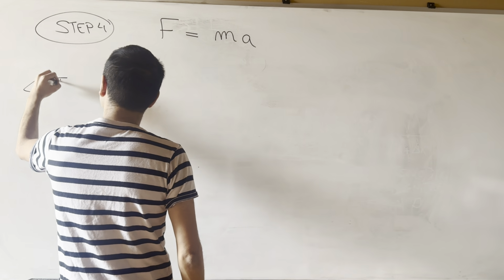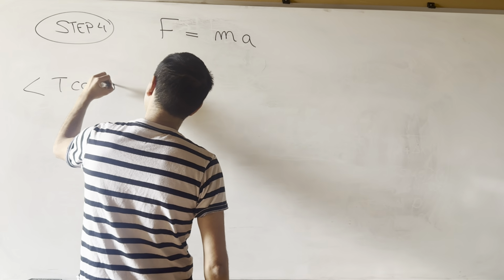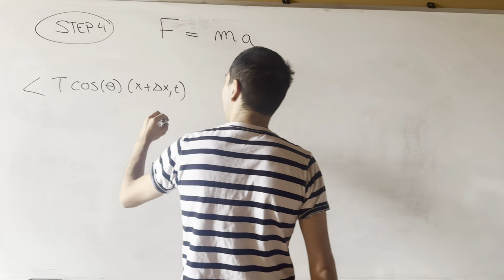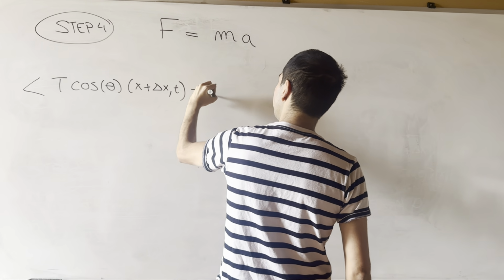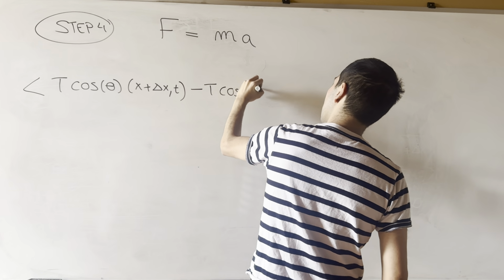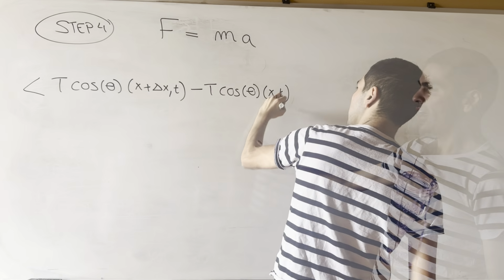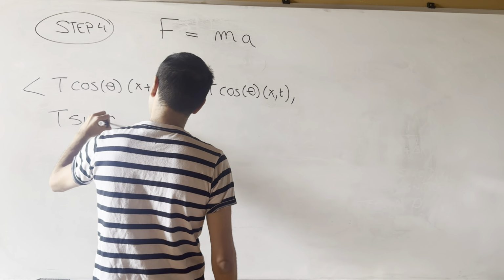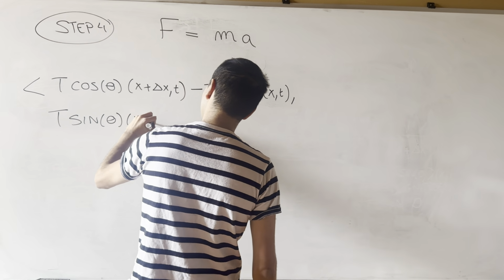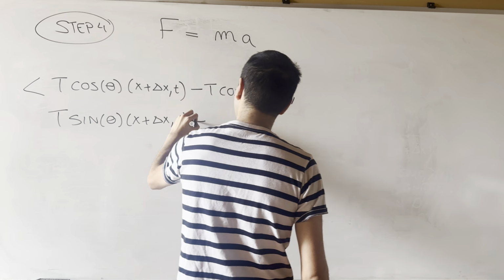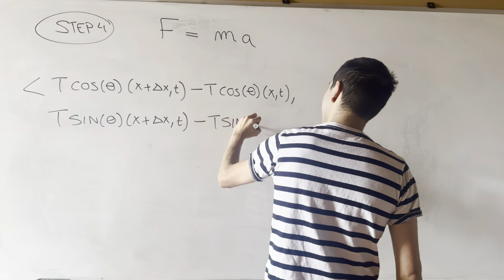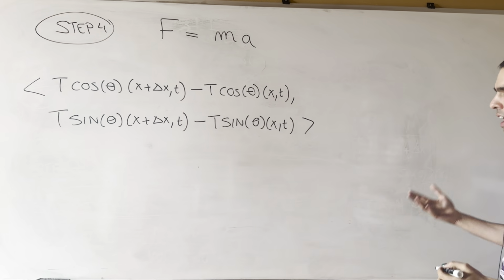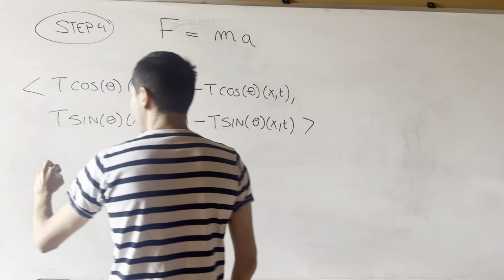So in other words, T cosine of theta at x plus delta x,t minus T cosine of theta at x,t, and then the same thing with sine, so T sine of theta of x plus delta x,t minus T sine of theta of x,t, so that is F. And now it's mass times acceleration.